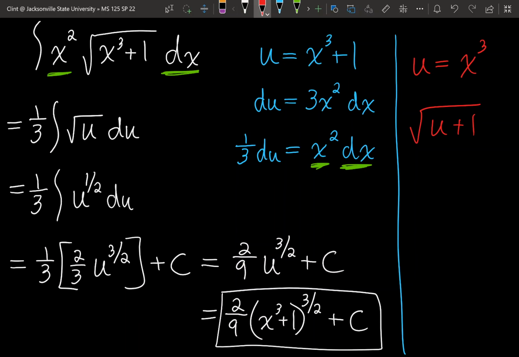We don't have a way to get that antiderivative, even if you could make du work. So yeah, we could make du work on that one, right? du would be the same thing. You could do this, but then we would end up with square root of u plus 1, and then we still don't have a good way to get the antiderivative there.